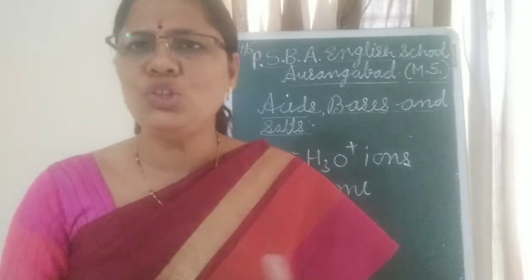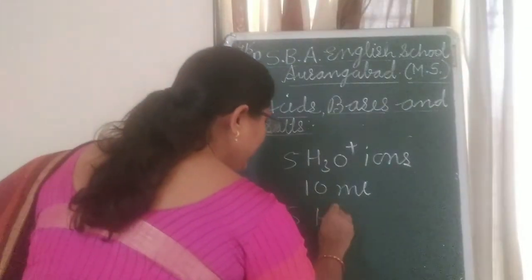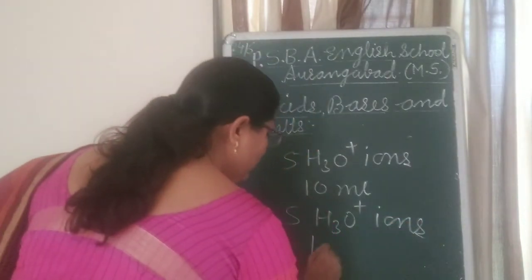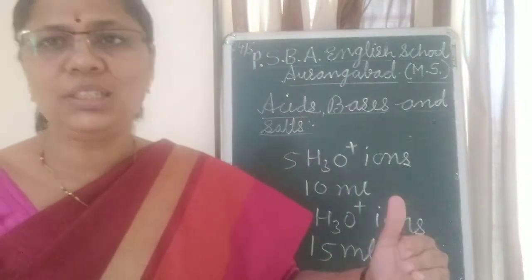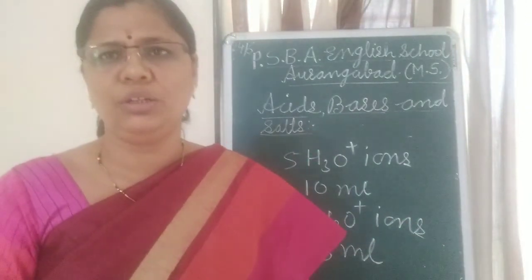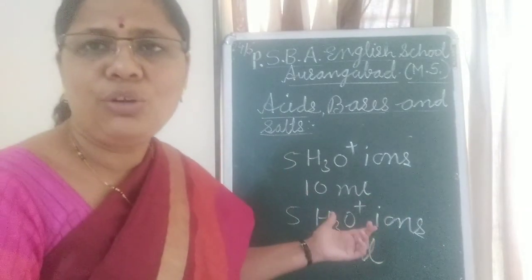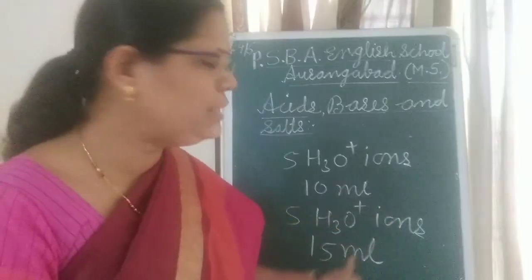So there will also be 5 H3O positive ions in the total amount. Now the volume is 15 ml, because 5 ml HCl and 10 ml of water, but the number of hydronium ions remains the same. So now it is 5 H3O positive ions in 15 ml.